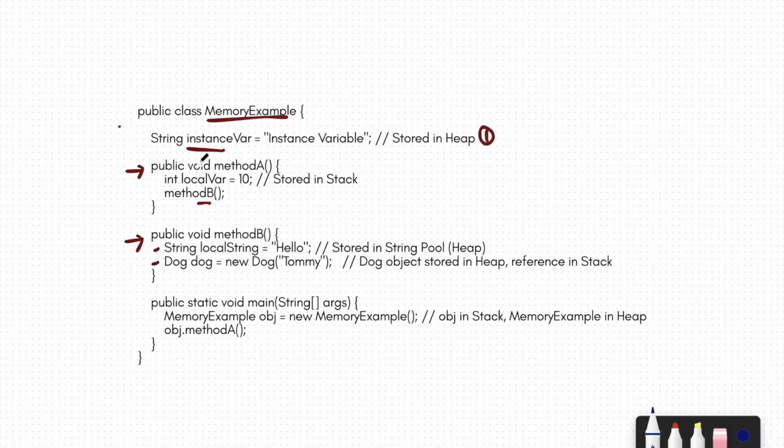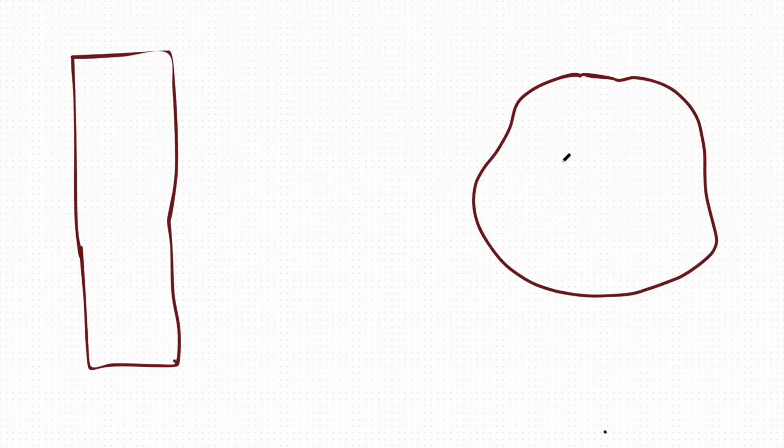Cool. So the first line says that we have a string, and the string is instance variable. You all know that a string always gets stored in heap memory, right? So whenever I'm defining a string like this, "instance variable", it will be stored in a block of memory here.